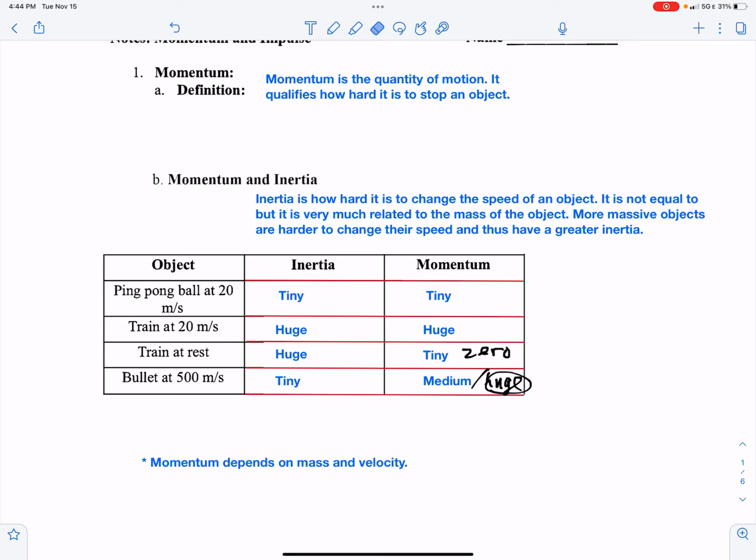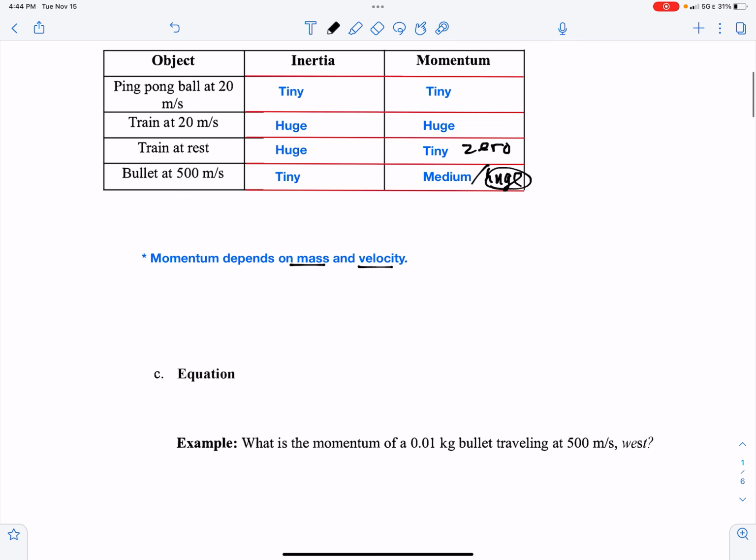What do we see here? Momentum completely depends on mass and velocity. In fact, we can go further to say that the equation for momentum is momentum is equal to mass times velocity. So let's break this down. P stands for momentum, the unit of which is kilograms times meters per second.